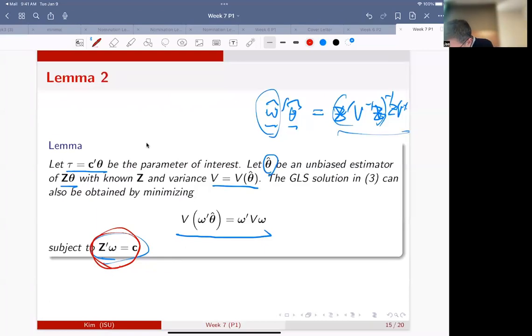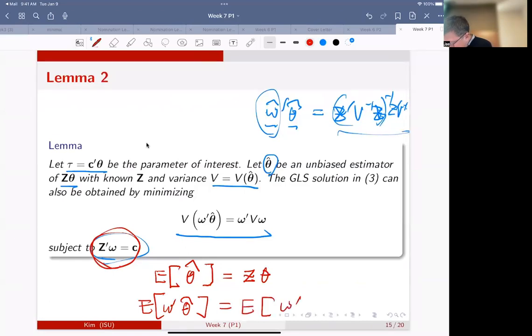Because we know the expectation of the initial estimator, but our parameter of interest is C prime theta.